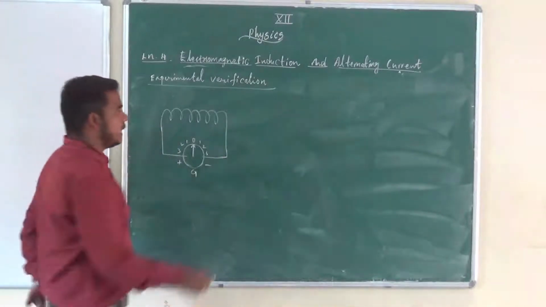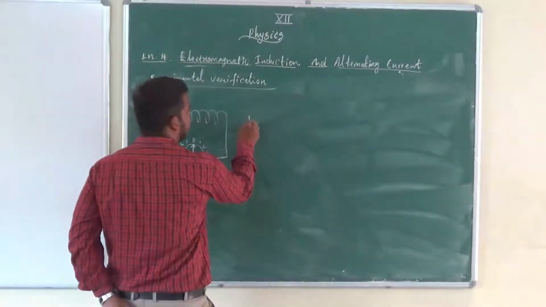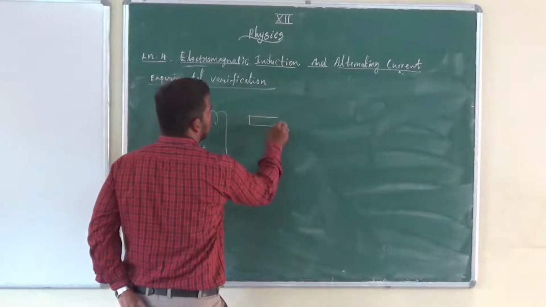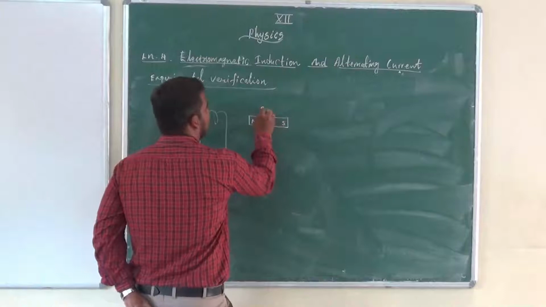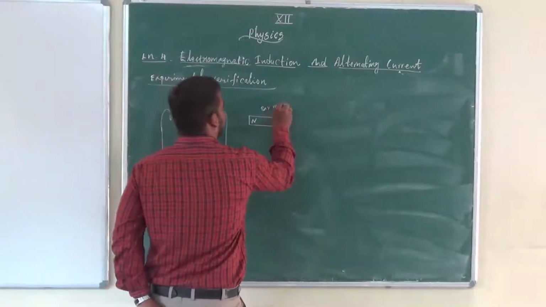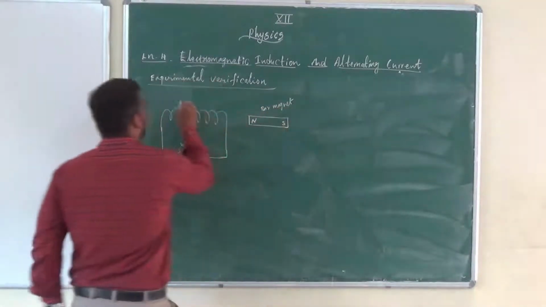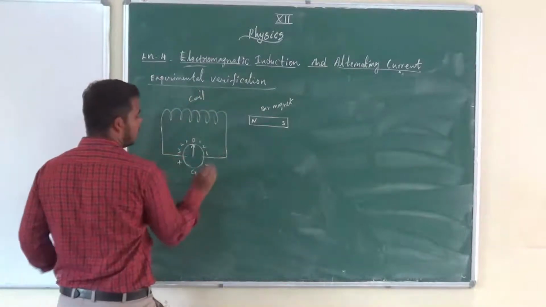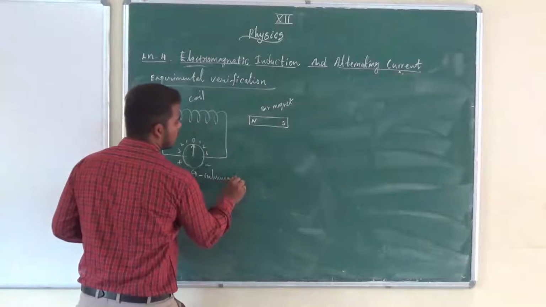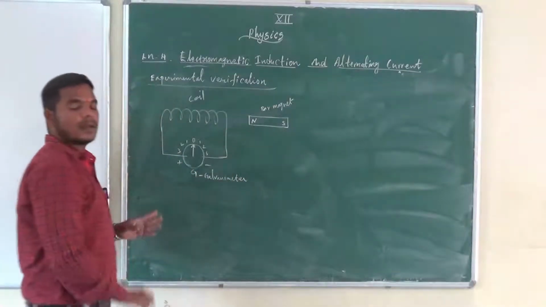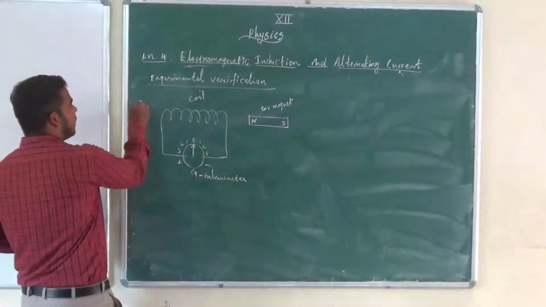Next, I'll take a small bar magnet with a north pole and a south pole. Here G indicates the galvanometer. Now we will do the experiment, first diagram.